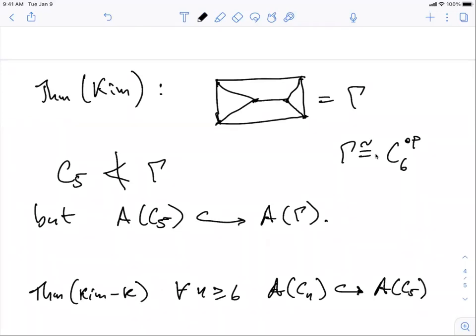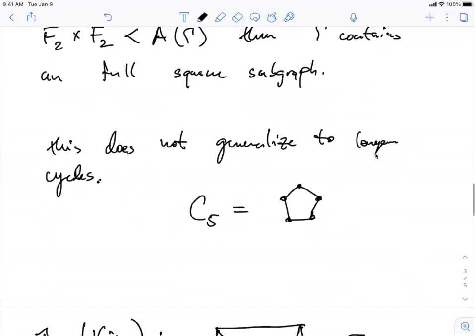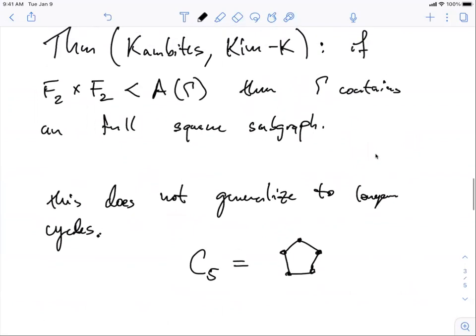And so combining with this embedding into the complement of the hexagon graph, all longer cycles can be hidden. So that's a nice opposition, I would say, to this result of Combitas.